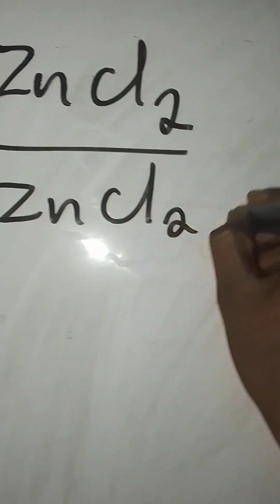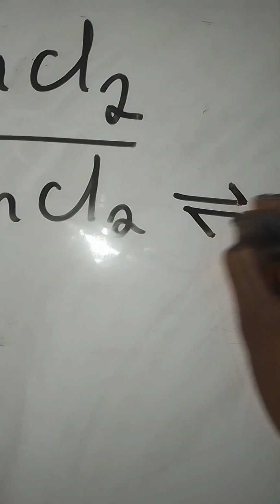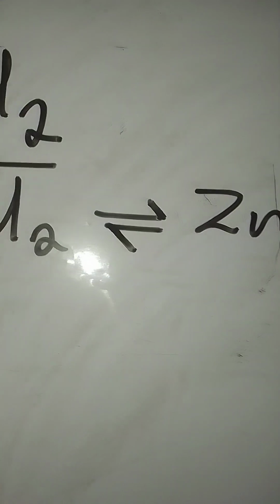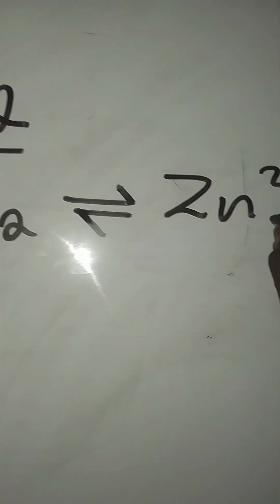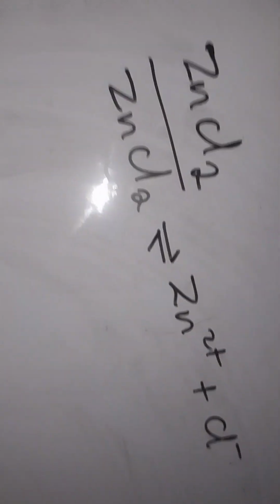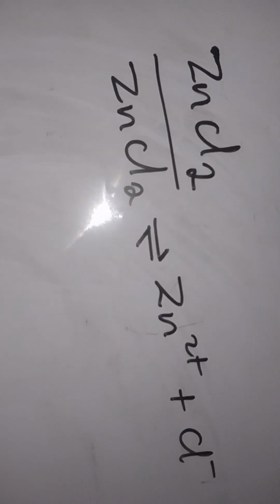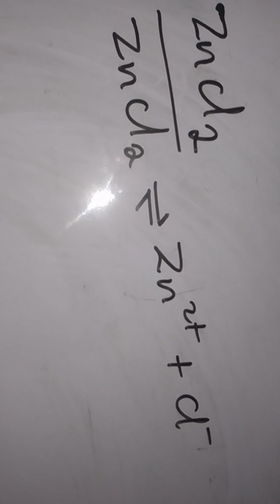So if zinc chloride decomposes, it forms Zn2+, which is zinc ion, and chloride ion. So it means from here we should learn how to test for zinc 2 ion and also test for chloride ion.